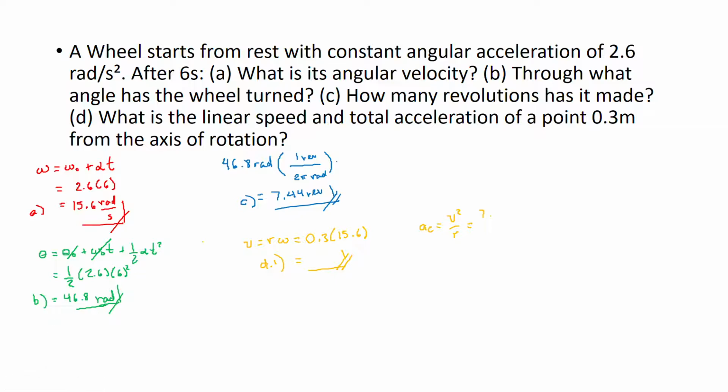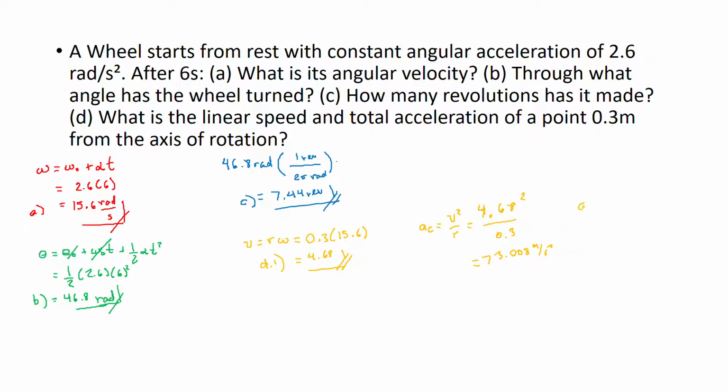Yeah, this is 4.68, sorry for that. So this is 4.68 squared over 0.3. And well, that is actually going to be a big number. That's going to be 73.008 meters per second squared. Okay, this is just a part of the result.